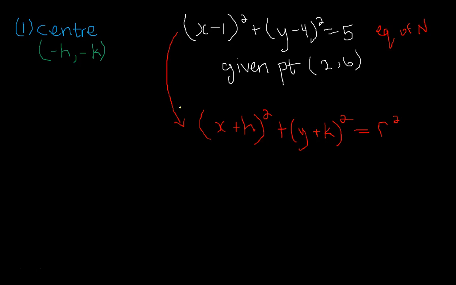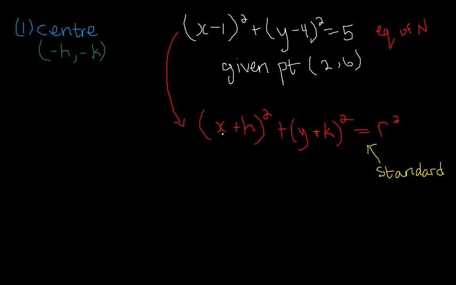We did this already. If you need to review, you know where to go. I could just eyeball the standard form and then look at the equation that they gave us, and identify what h and k are.